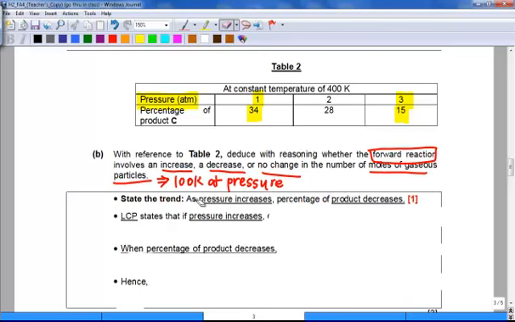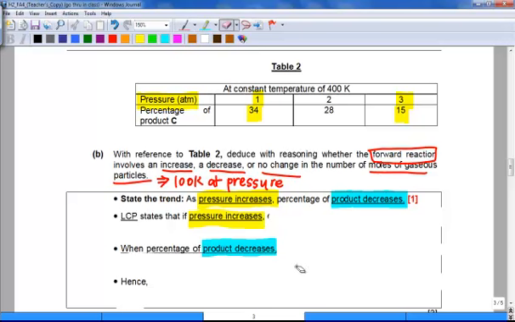So the trend says that as pressure increases, the percentage of product decreases. And again, you can split up the trend and explain. So pressure increases, you will explain it, and also product decreases, you can also explain. So let's go step by step.